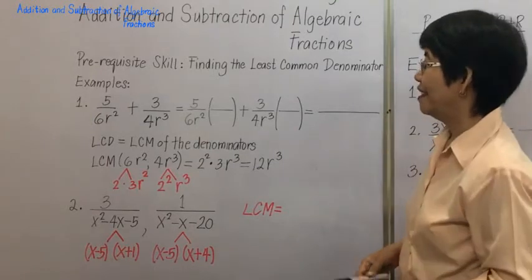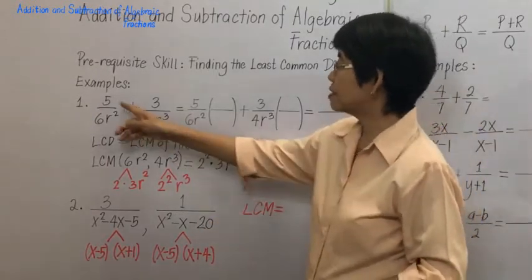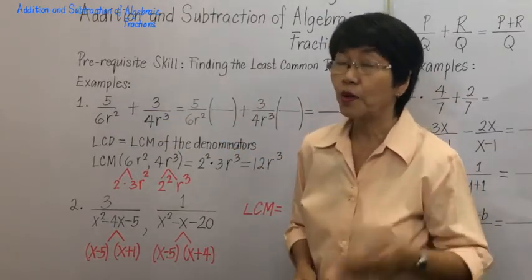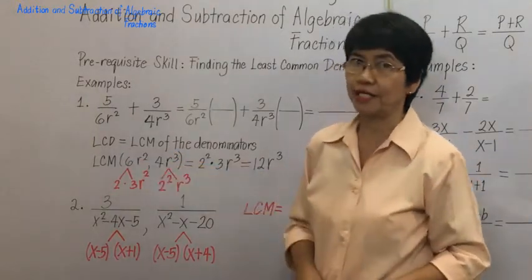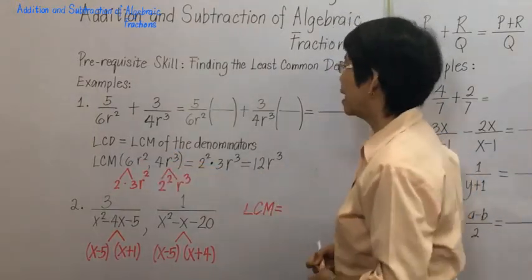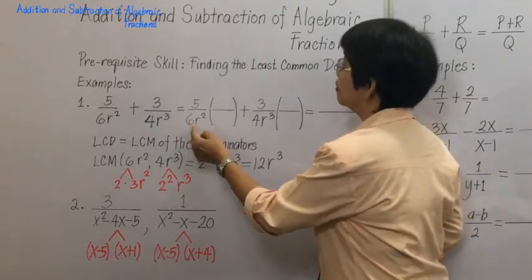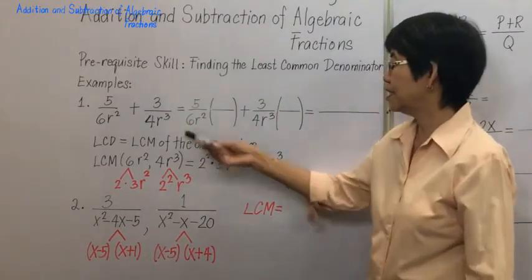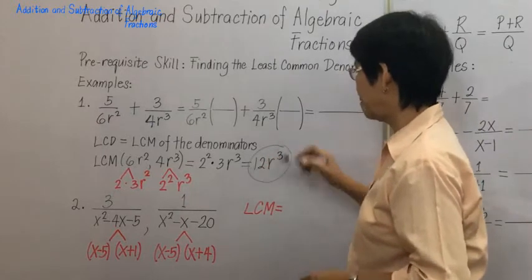And then after that, we raise the terms of these two fractions to higher term, each with the LCD as the denominator. So to get the LCD for this, we will think of what number to multiply to 6r squared to get this LCD.